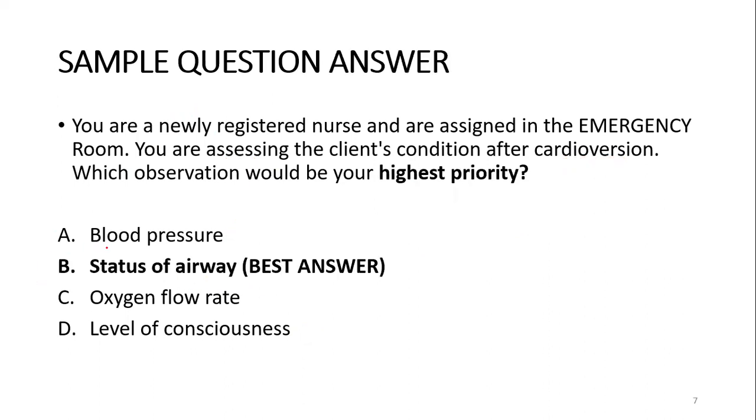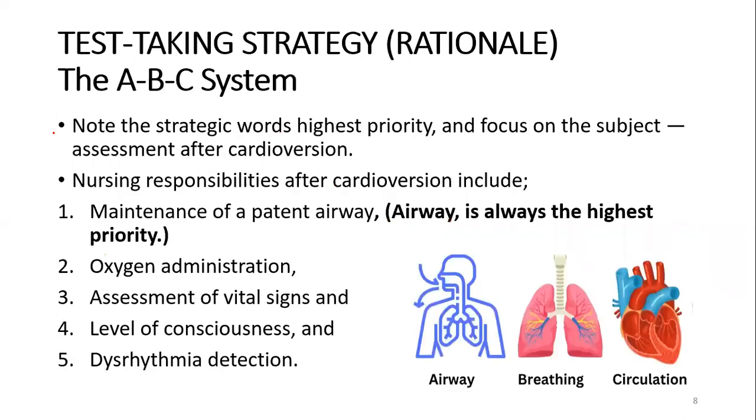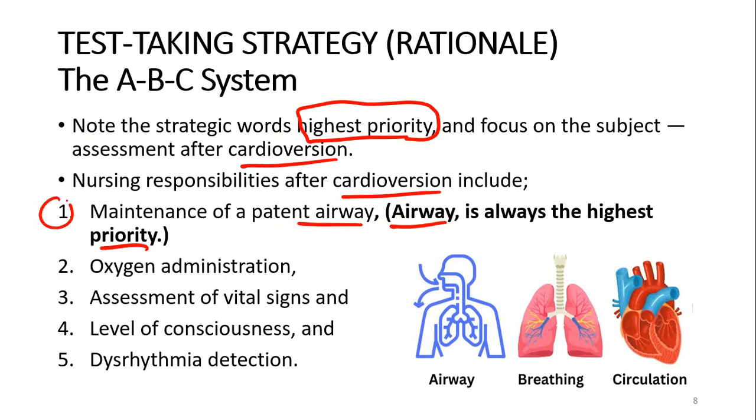So let's take a look. Letter B is your highest priority as per your airway, breathing, and circulation. Airway is always your priority. Now let's take a look at the rationale. Note that the strategy word or the clue is the highest priority and the focus is cardioversion. If you have integrated knowledge regarding cardioversion, you know that maintenance of a patent airway is always the number 1 priority.